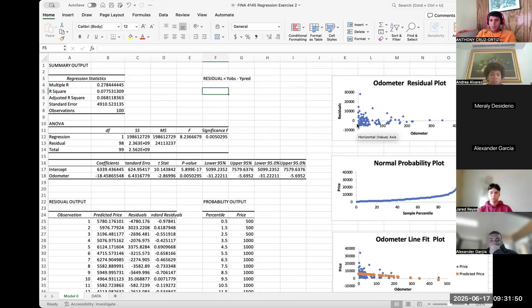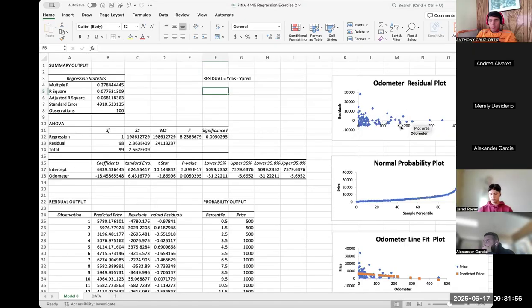To be random, it should be evenly spread out all around zero, but it's not. So it means there are other variables in the residuals. The residuals are our error, a representation of the error in the model. And it looks like there's more to it.